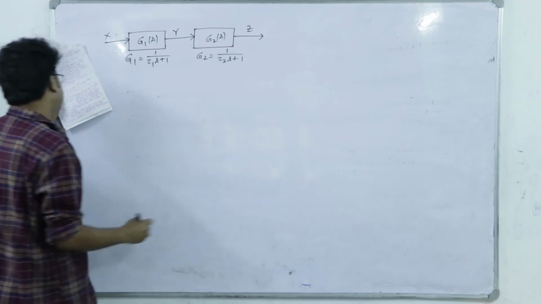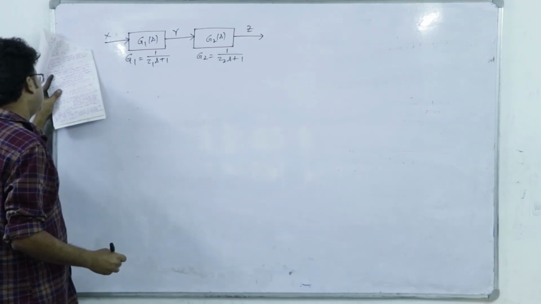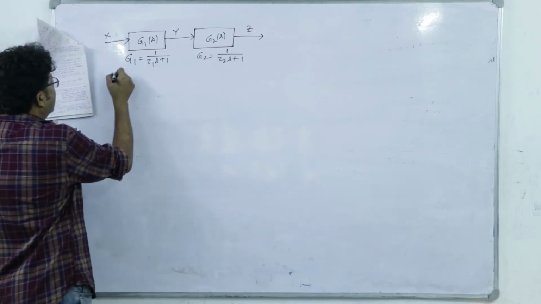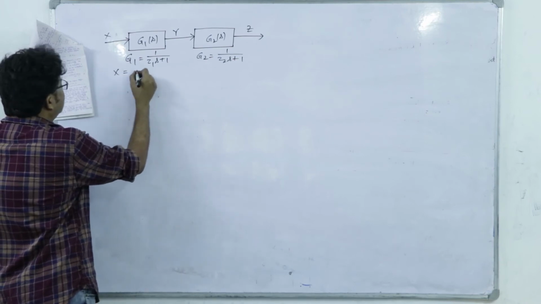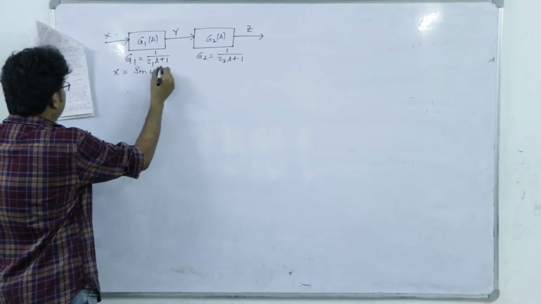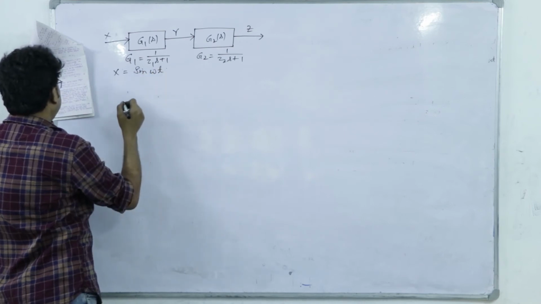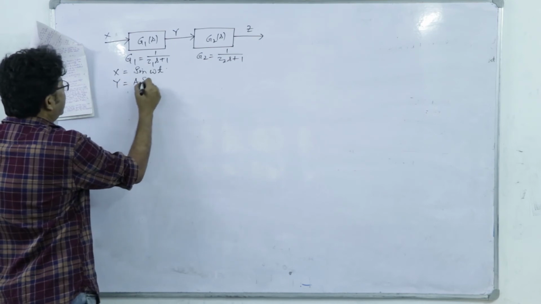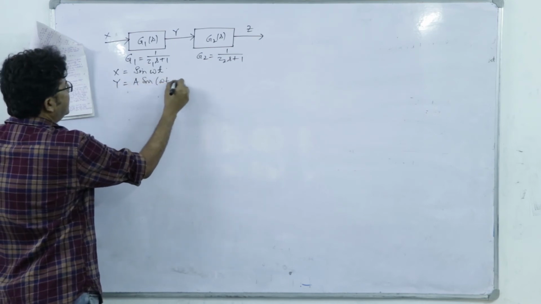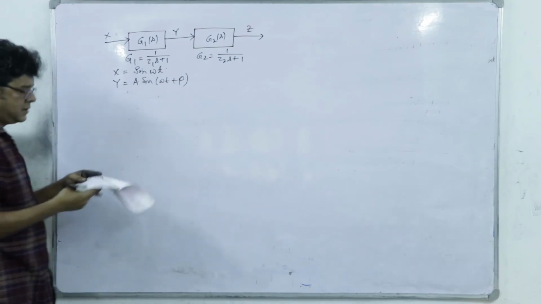Both are first order. When the system is excited by a sinusoidal input, sine of omega t, the intermediate response Y will be A sine of omega t plus phi, right?